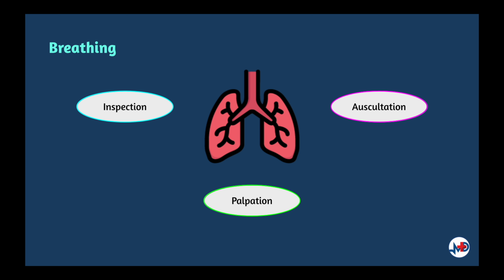Breathing is then assessed by looking at the work of breathing, whether there is recession, at the respiratory rate, as well as the accessory muscle use. Next would be the effectiveness of breathing, to look at the oxygen saturation, symmetry, and degree of chest expansion.